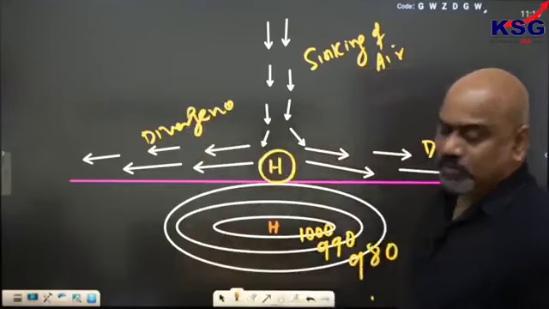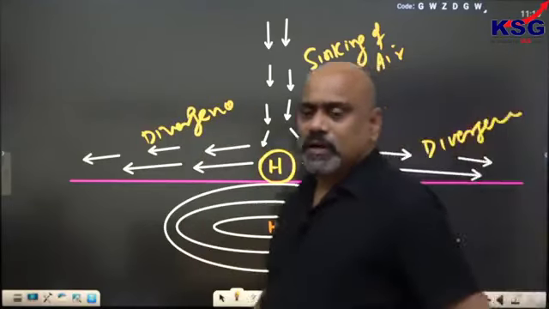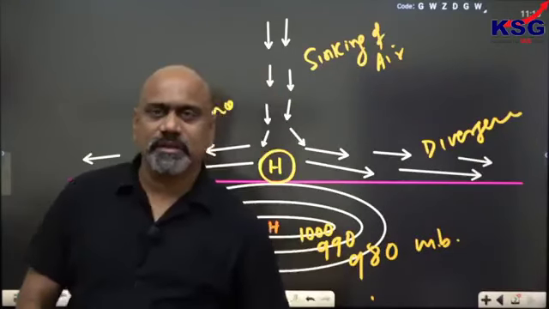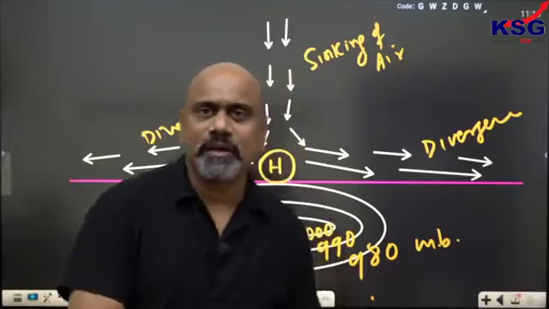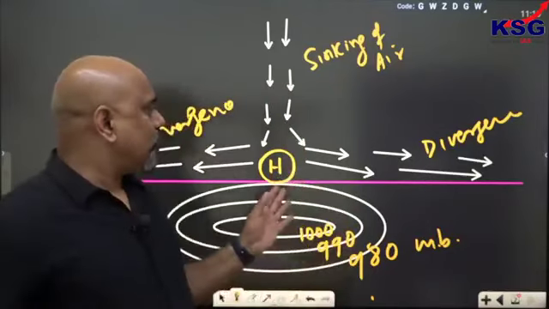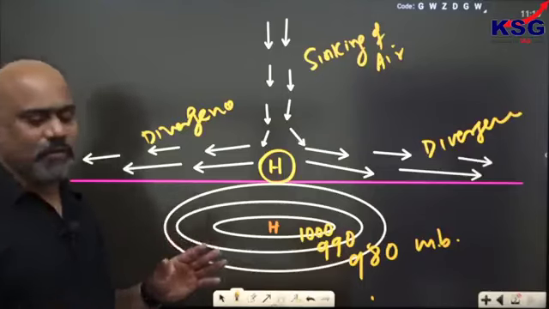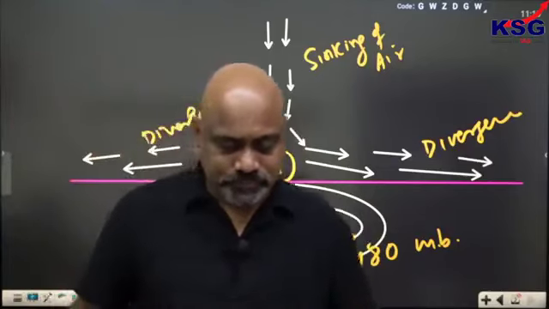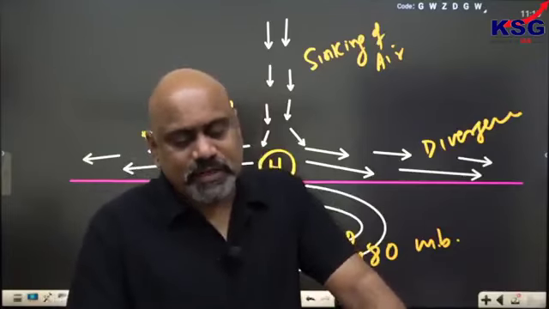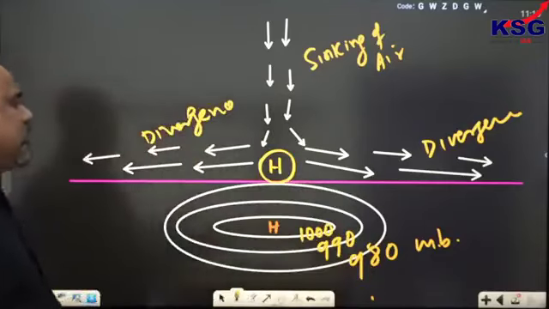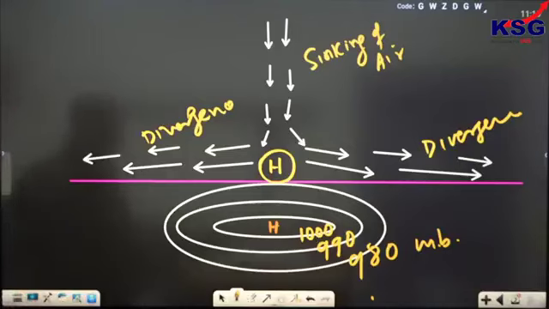Think about this condition in which the air is going away from the center towards the periphery. High pressure at the middle and low pressure toward the periphery. Based on the hemisphere it is different.